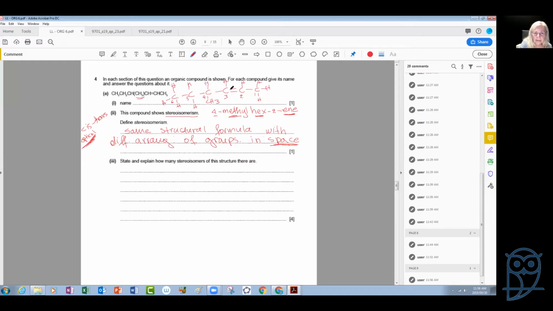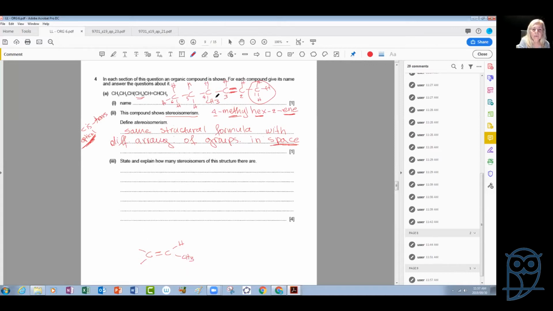We have all that. Here is the double bond. For us to see the isomers, it helps if we write the alkene in this form. So if we write it in this form, what is there? One is a hydrogen, the other one is a methyl group, like that.